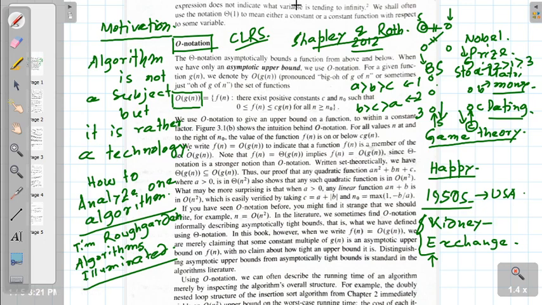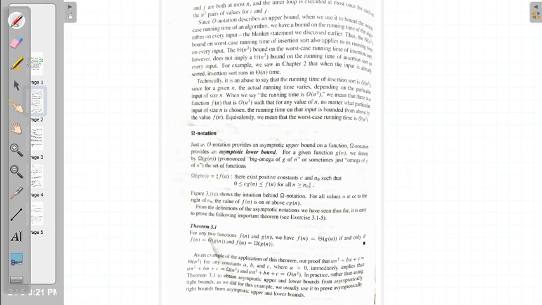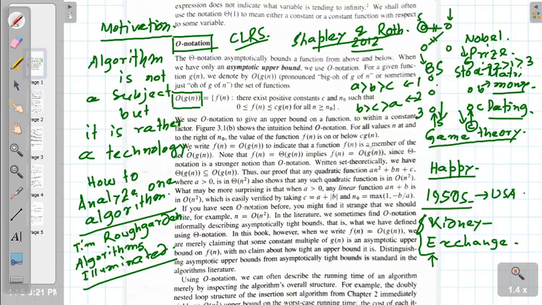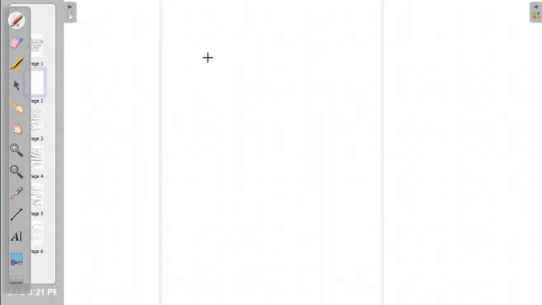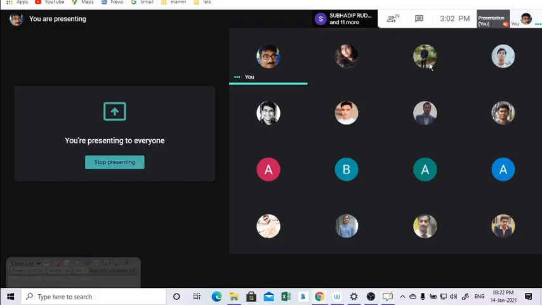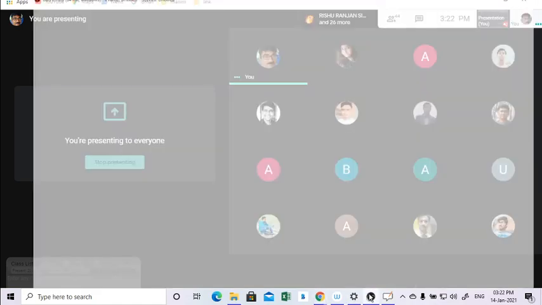Okay, one blank page I am creating. Huh? Yes. Why are you asking? I told you, I am recording. So let me check. Yes, maybe I'm forgetting, then that might be a problem for me.